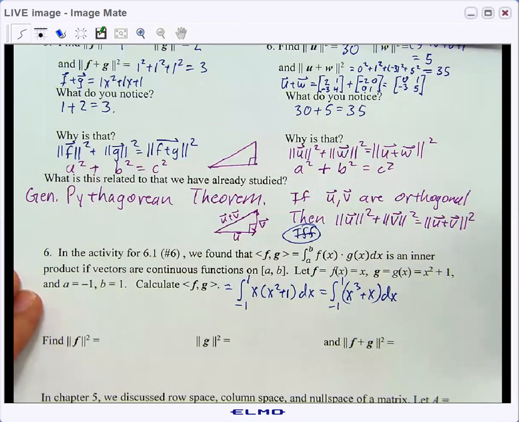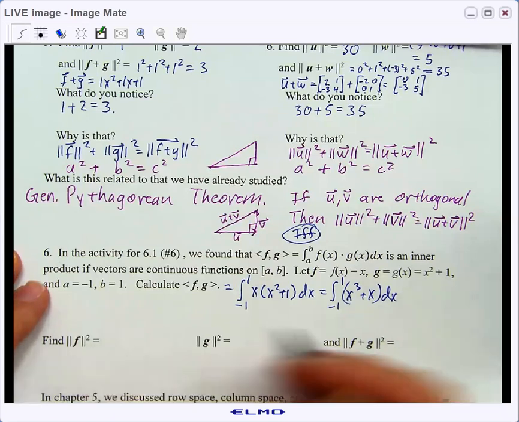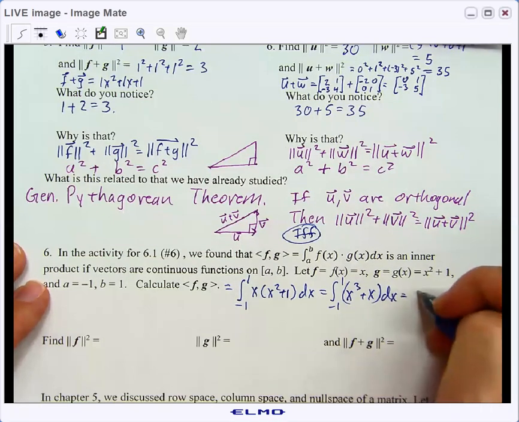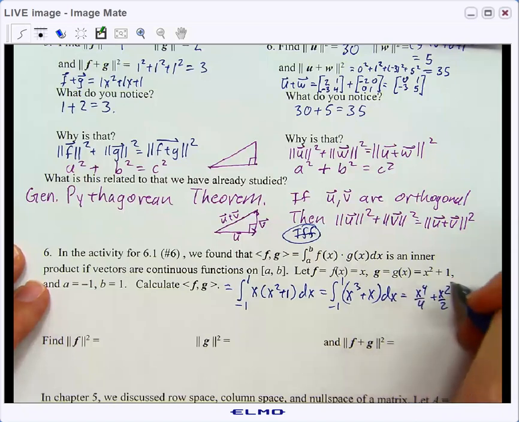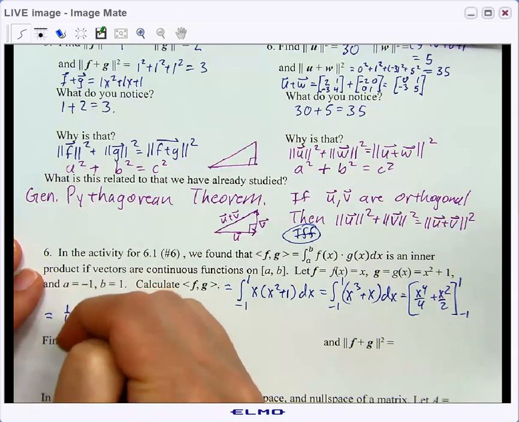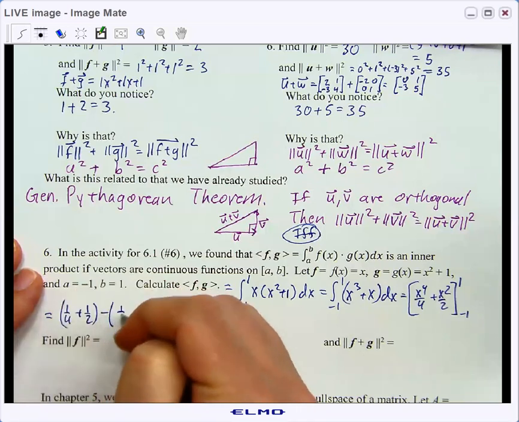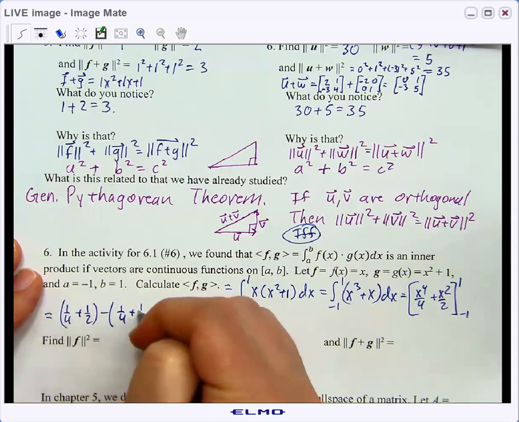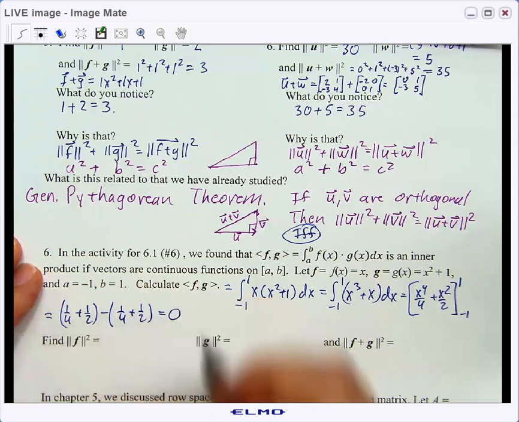If we're careful, I'll show you the shortcut in just a second, but if we aren't careful, we'll just go ahead and get x to the 4th over 4 plus x squared over 2, evaluated from -1 to 1. So that would be 1/4 plus 1/2 minus (1/4 plus 1/2), but that's 0.